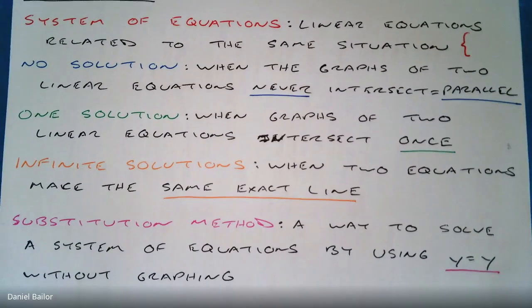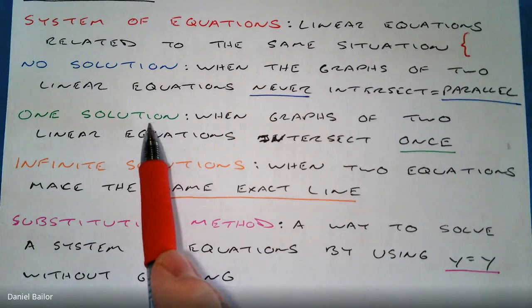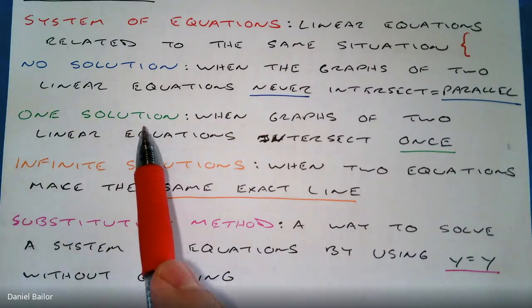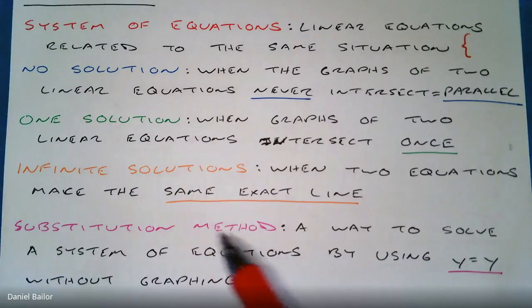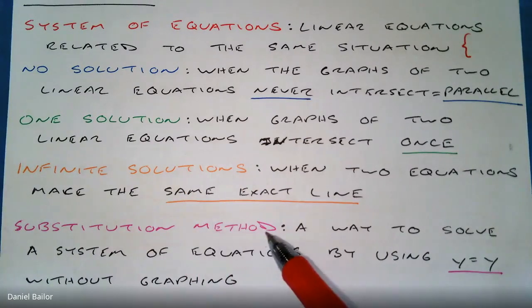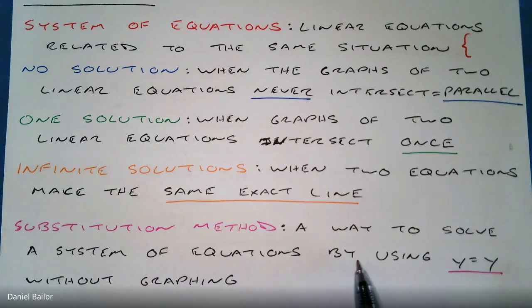Our final vocabulary word is the method we use. This is the name of the strategy we use to find when there is one solution. So if there is one solution, we can find it by graphing. That's one method. Another strategy is the substitution method. This is the method we use without graphing. So this is a way to solve a system of equations by using y equals y.